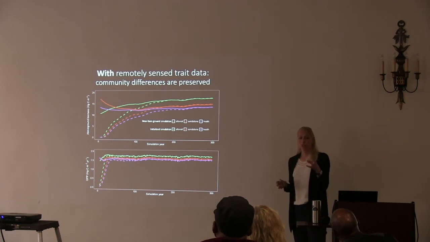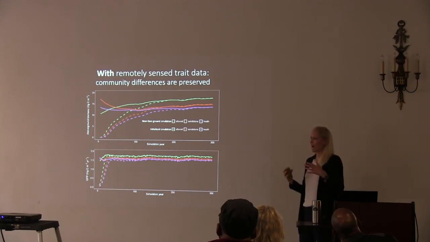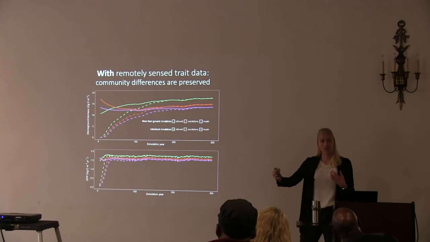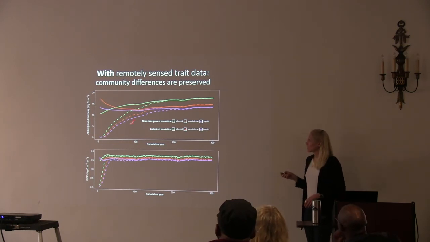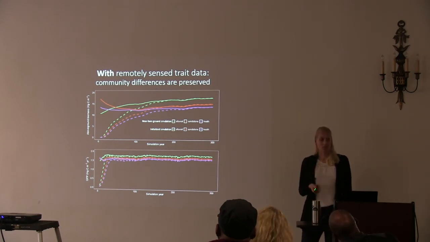So on the one hand, this is incredibly promising because it offers a way to incorporate remotely sensed data and capture these community level differences in function and preserve that over these long-term simulations, allowing us to ask questions like, how do different communities respond differently to change? But clearly there's more model development work in moving towards this model data fusion to get these dynamics right.